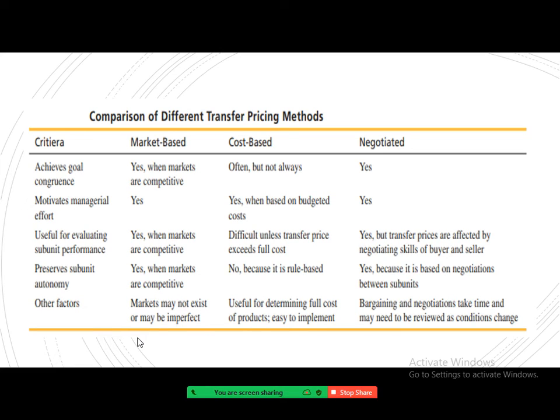The third alternative is to allow the organization's affiliates to determine negotiated transfer prices among themselves. This method may be employed when market conditions are subject to frequent changes. This particular table summarizes the way that different methods satisfy multiple managerial criteria.